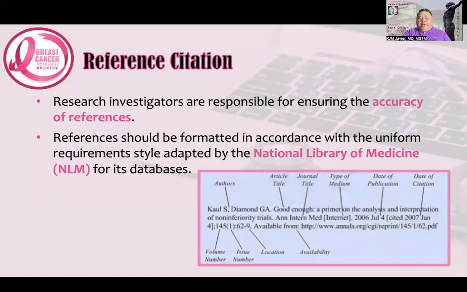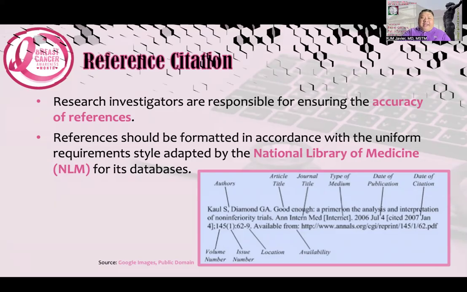So this is a sample of how the NLM citation should be properly included in your final research proposal. So again, I refer you back to your previous lecture on how to properly style the citation following that of the National Library of Medicine for its databases.